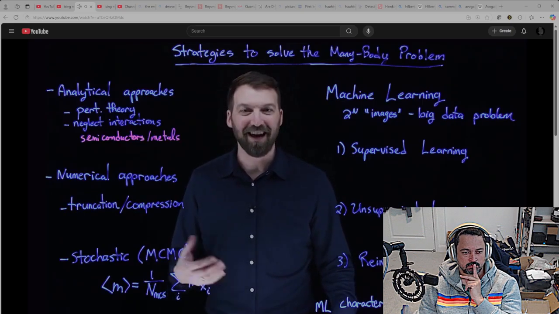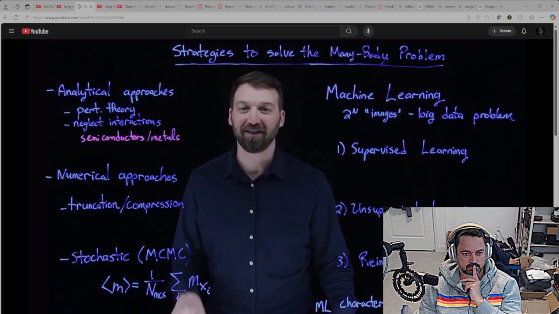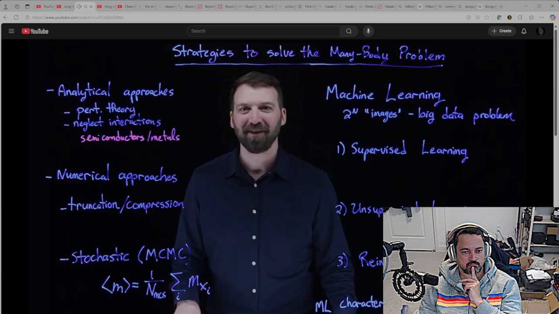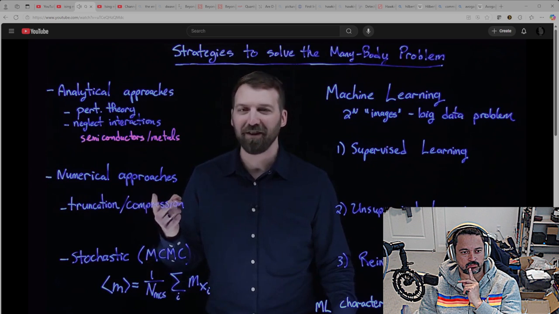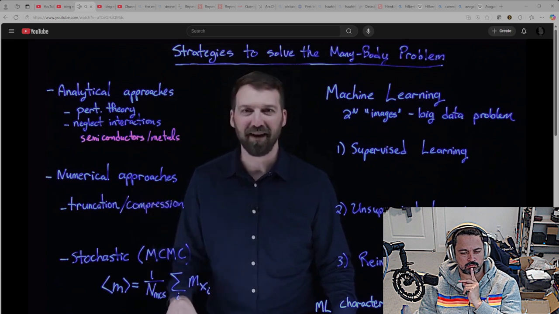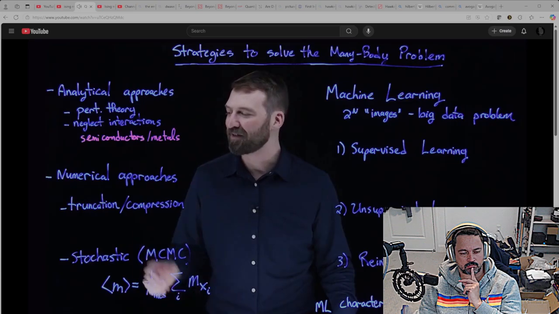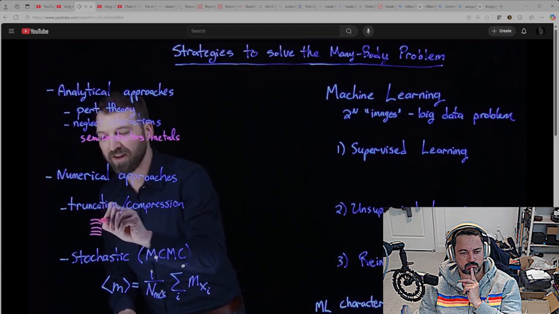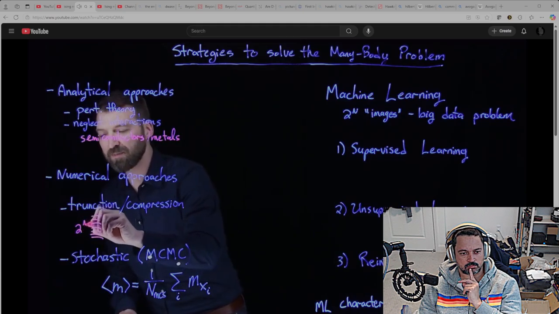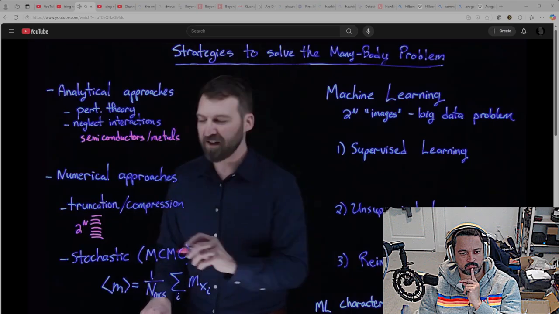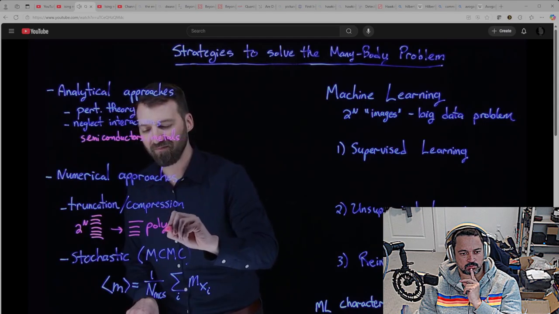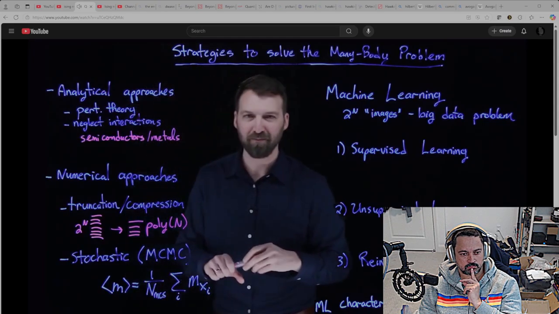I mentioned exact diagonalization, which has an exponential scaling problem. In many cases, that is still your best technology for solving the many-body problem. Various numerical approximations can be made, even in the regime of diagonalization, such as taking a Hilbert space or an energy spectrum that's exponential in size and finding a way to truncate it down to something perhaps polynomial in the number of qubits.